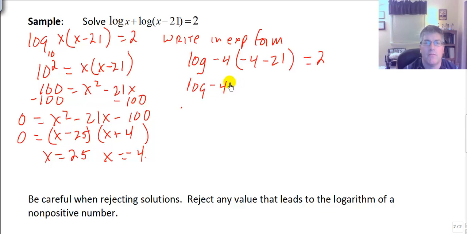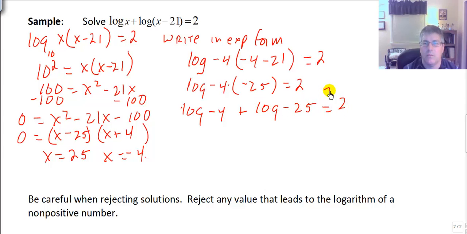Log of negative 4 times negative 25 equals 2. Well, if we are applying our logarithms, we're trying to take log negative 4 plus log negative 25 equals 2. Well, there's no way this is going to work because we're taking logs of a non-positive number. So, no good there.